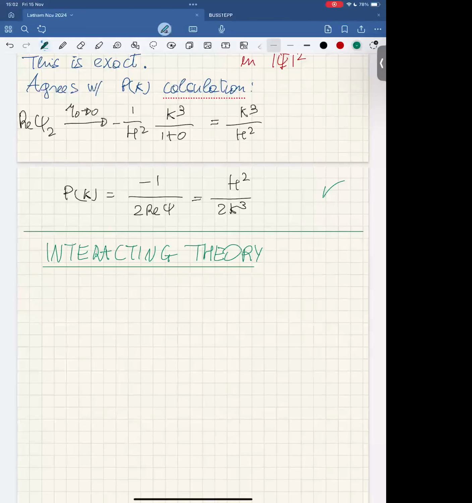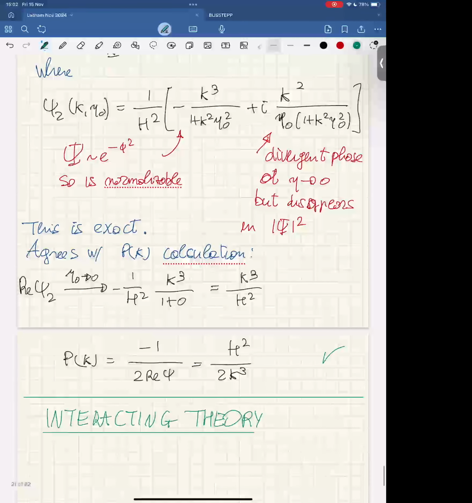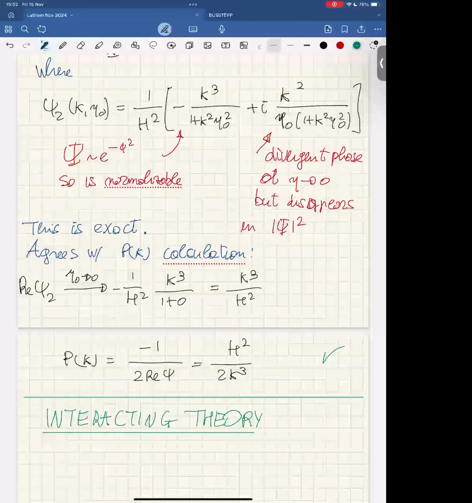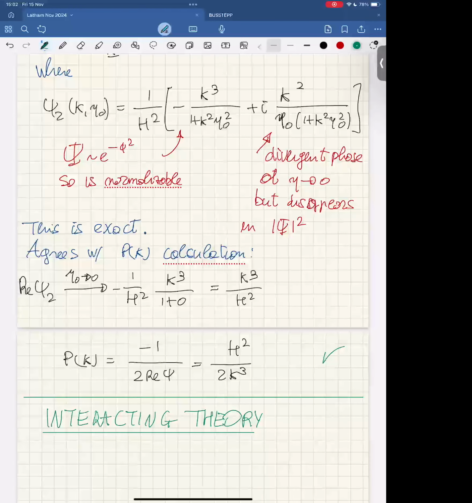I have a question. In order to deal with that divergent term, is it necessary to write a counterterm? Yes.